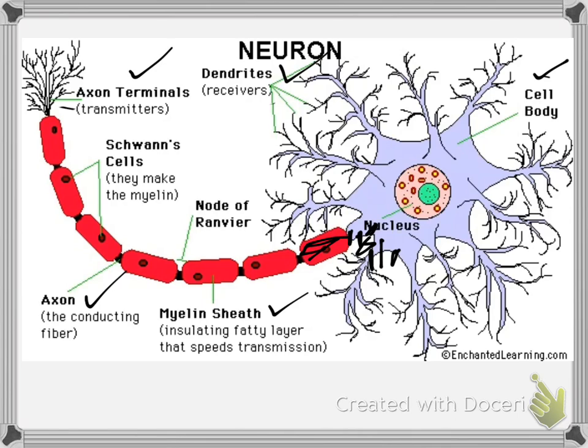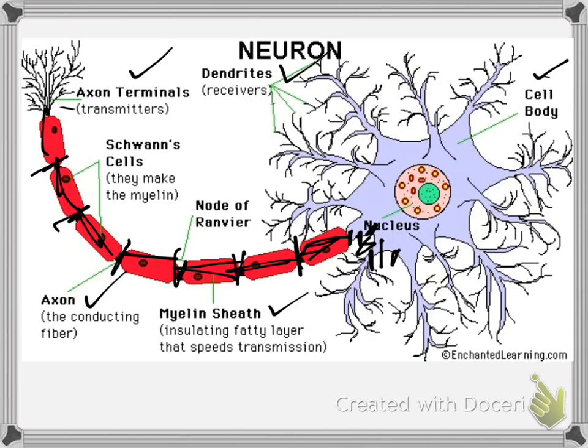And so the charge then gets to be maintained right here, right there in the node of Ranvier, and it makes, I'm sure, a noise just like that all the way through until it gets to the axon, all the way to the end.